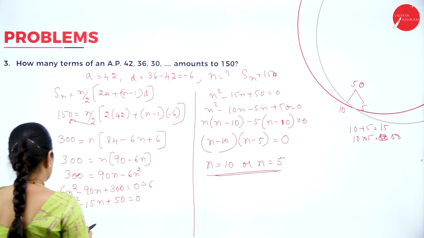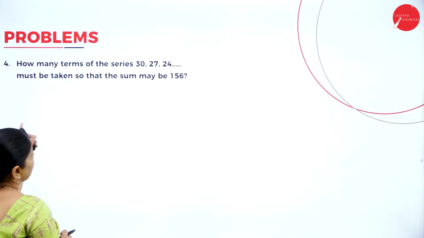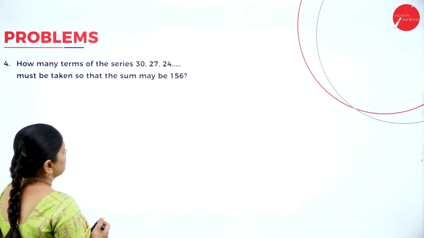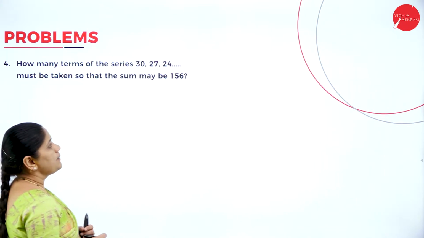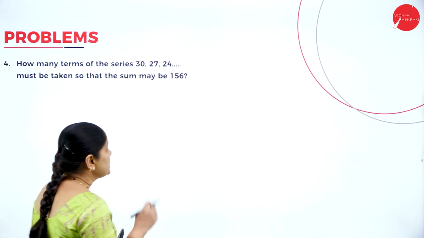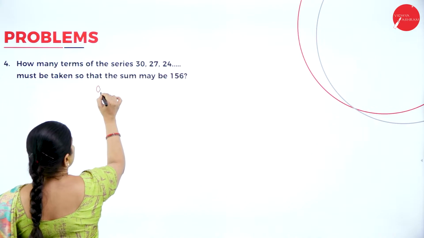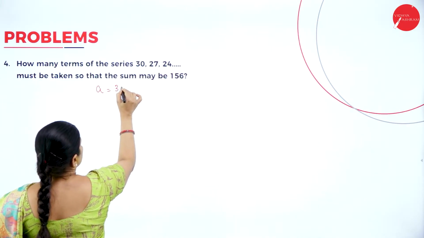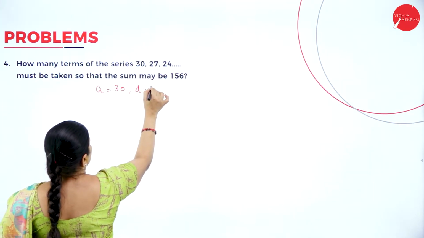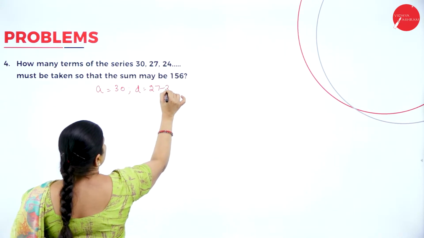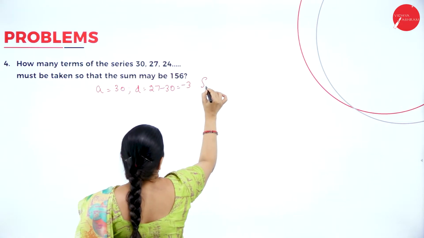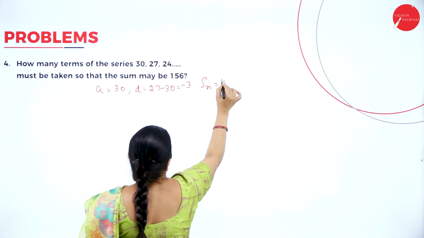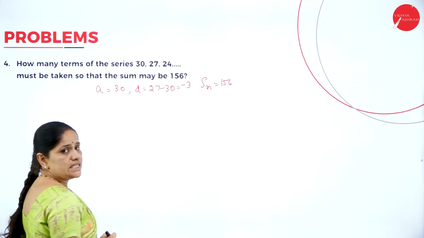Now the next one. How many terms of the series 30, 27, 24 should be taken so that the sum becomes 156? Now what is given here? A equals 30, D equals 27 minus 30, that is minus 3. Sn equals 156.